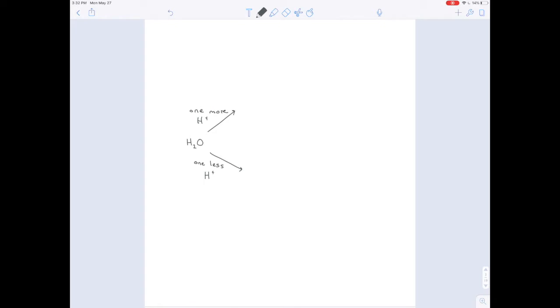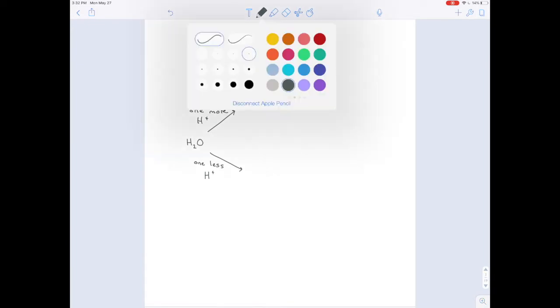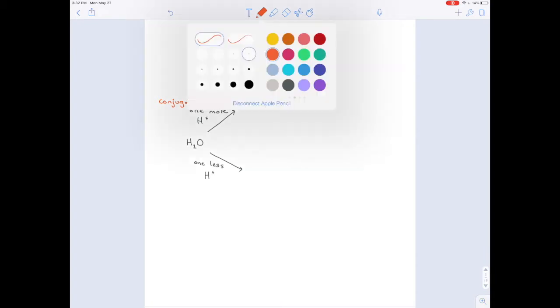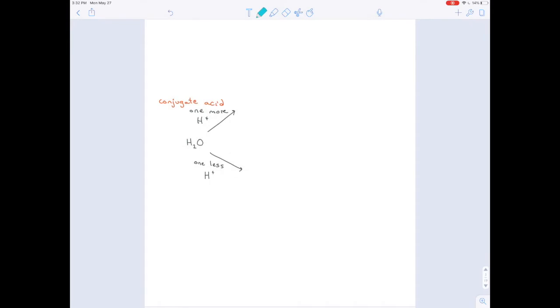In both of those cases, you'll get new molecules that differ from H2O by just one H plus. If you have one more H plus, that's called the conjugate acid. And if you have one less H plus, that's called the conjugate base.